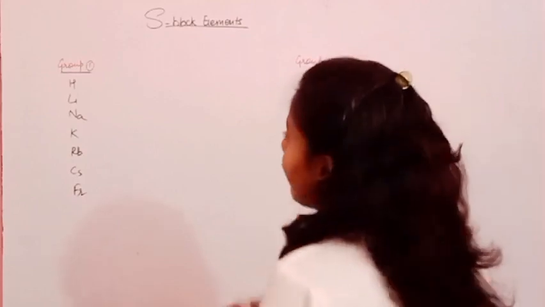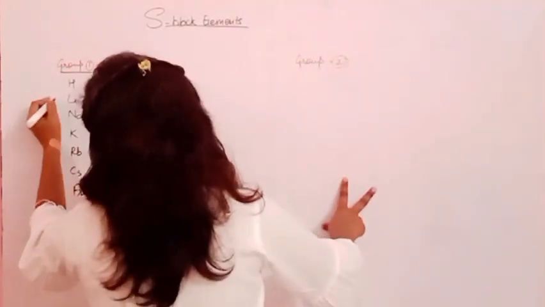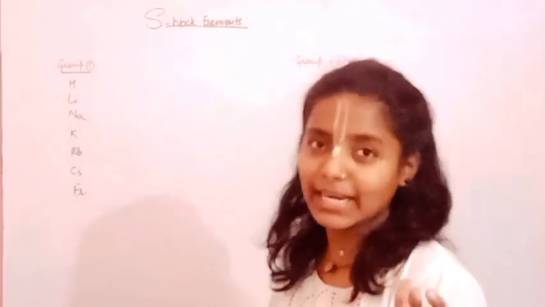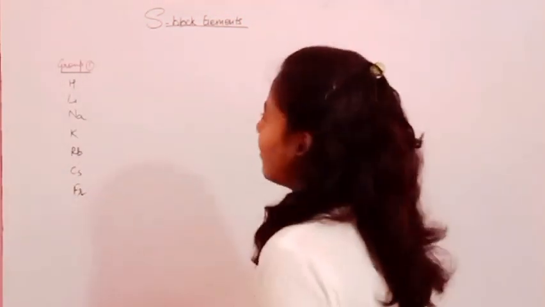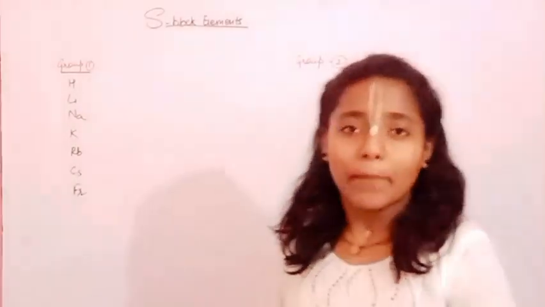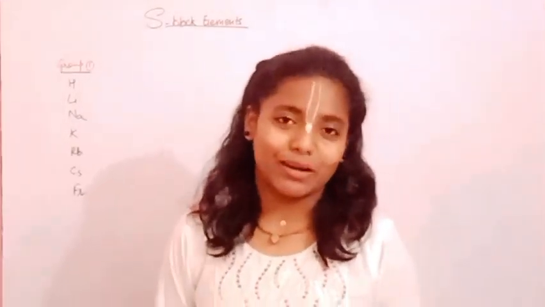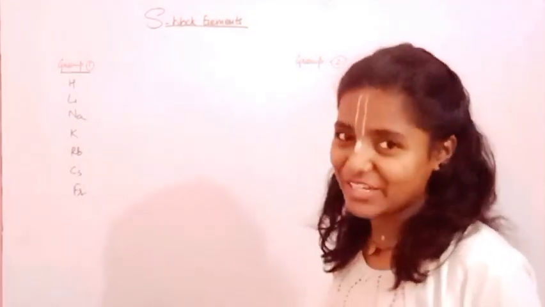So for group number 1, the very common mnemonic is "Halina ki dab se faryad". A very common mnemonic and easy way to remember the elements in group number 1. No trick is required for understanding group number 1 elements, but many of us get confused remembering the elements, so you can use this particular trick.